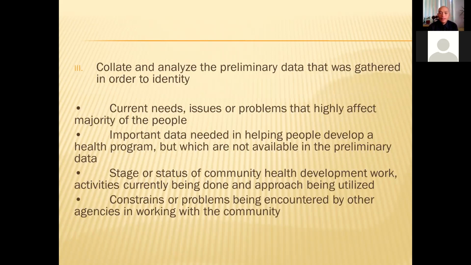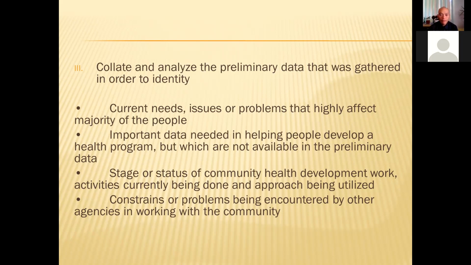Okay, the third step is to collate and analyze the preliminary data that was gathered in order to identify the following. Once we are able to gather existing data and interview their leaders, we collate and sort the data and identify the following: current needs, issues, or problems that highly affect the majority of the people.